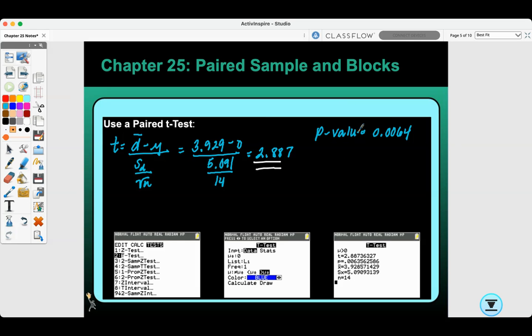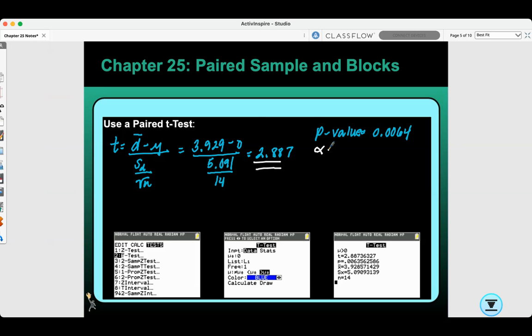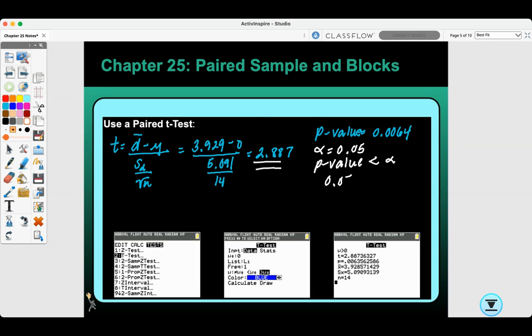So here we have our test statistic, but they also talk about our p-value here. Since they did not give us a significance level, we're going to default to alpha equals 0.05. So here our p-value is less than alpha because 0.0064 is less than 0.05.